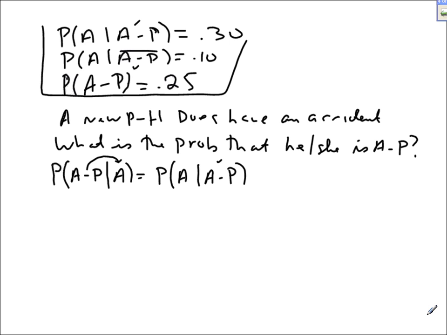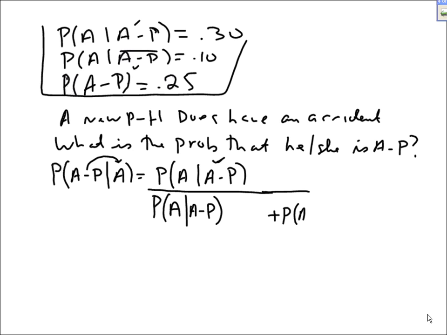And in the bottom, I'm going to put all types of the given. There are only two: either you're accident prone or you're not accident prone. And the probability of A doesn't change.